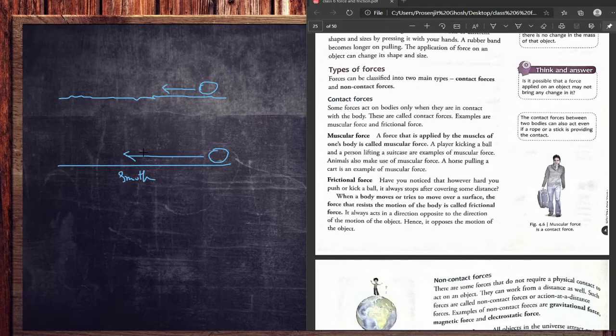So what is the difference between them? There is a friction force applied by the contact surface, the contact between the ball and the ground. In that contact surface, the frictional force is working, which is reducing the motion of that object.